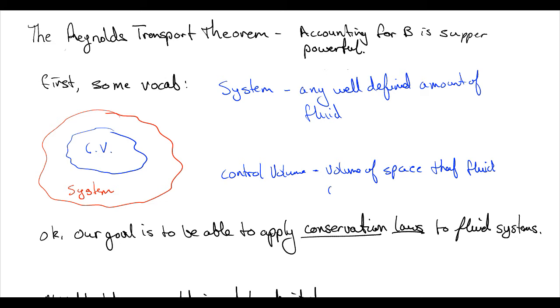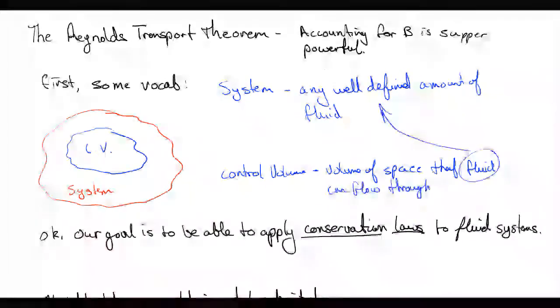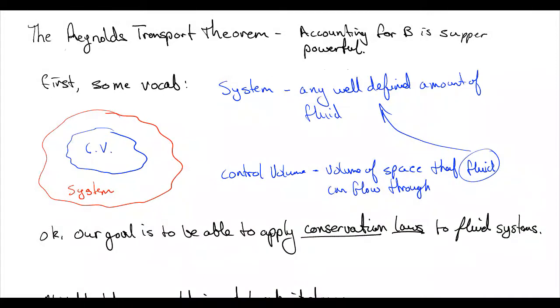If fluid is going to flow through our control volume, it's part of our system, by definition, really, because we don't have to necessarily well define our system, but we do have to in the sense that we have to draw it or something like that. The system is more of a mental construct, whereas the control volume is a useful tool that we will draw and we will very well define on our problems.